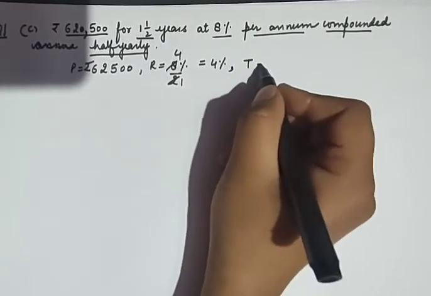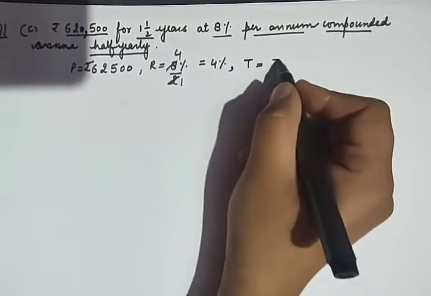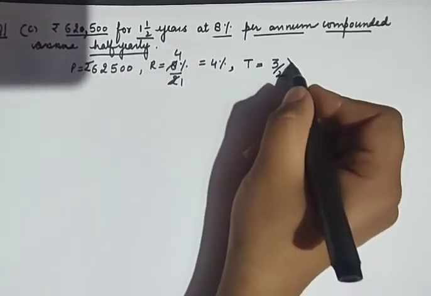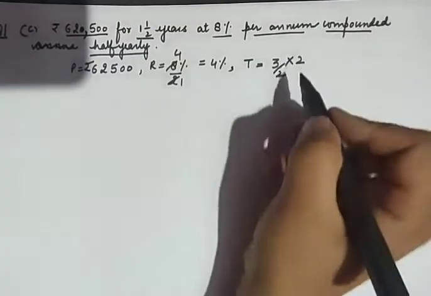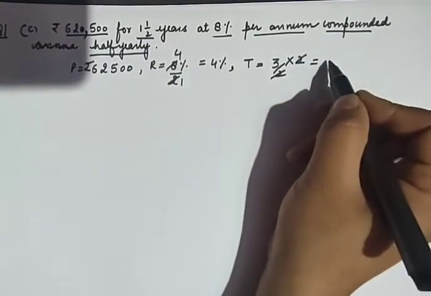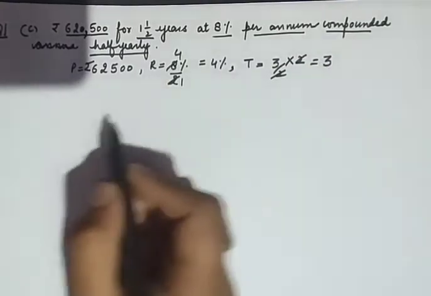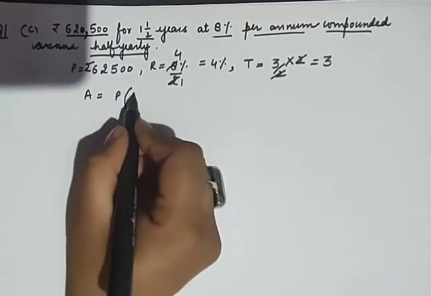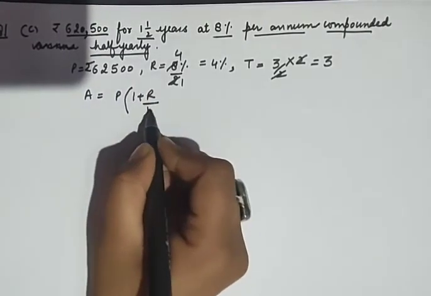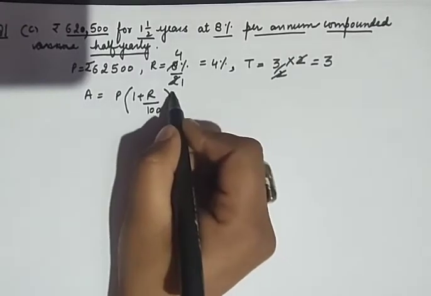And what about time? Although it is 1 and 1 by 2 years, that is 3 by 2, and you know that we have to multiply time with 2 whenever we have to convert it into half yearly, so it will be 3. Okay, so simply I am applying the formula for amount, that is A is equal to P into 1 plus R upon 100 raised to power T here.